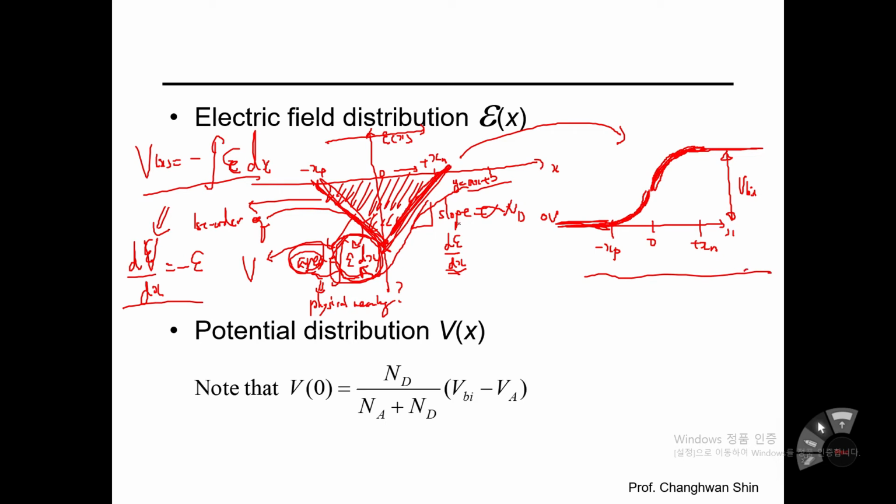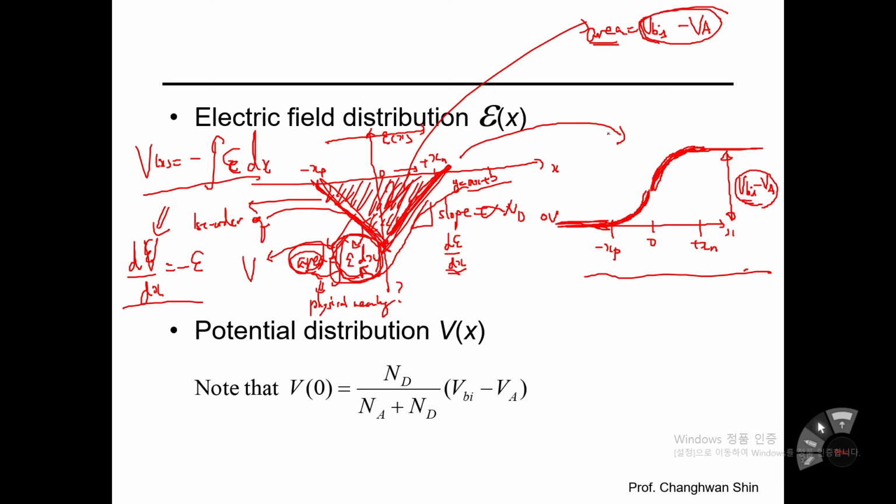Okay, so this area indicates the built-in potential. However, since we are applying a certain amount of applied voltage, this potential barrier height would be, instead of VBI, VBI minus VA, so that the area corresponds to VBI minus VA.